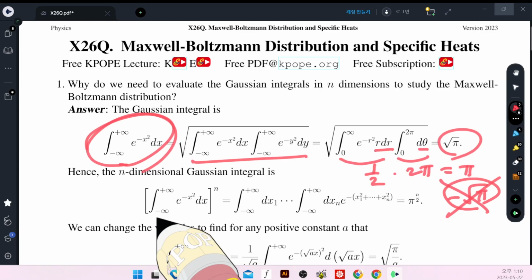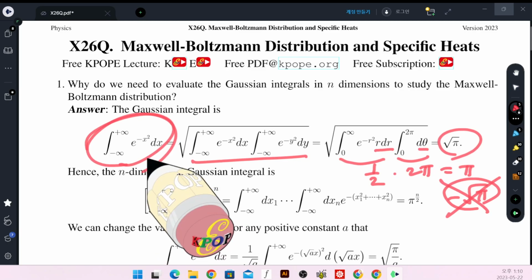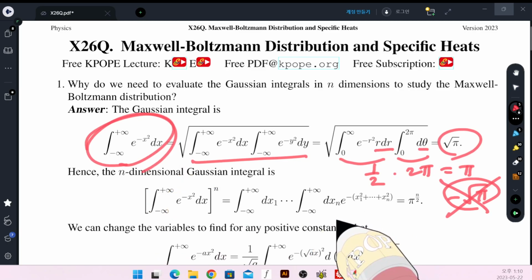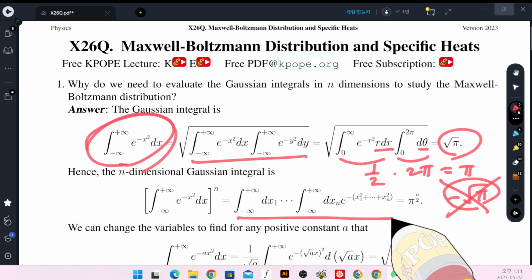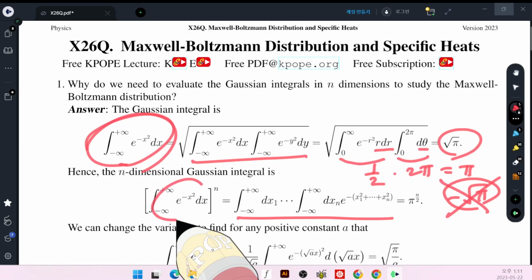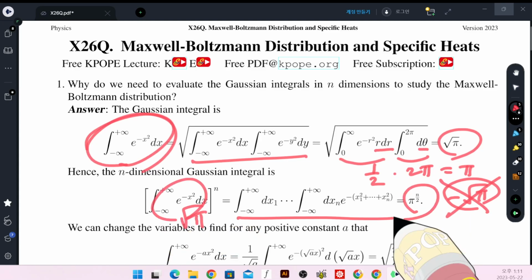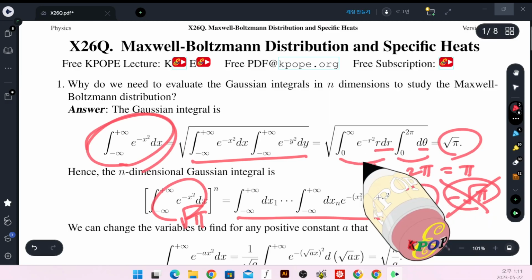We can extend this method to the n-dimensional Euclidean space, and the integral reduces to this form. And because this is a square root of pi, the answer must be the nth power of the square root of pi.